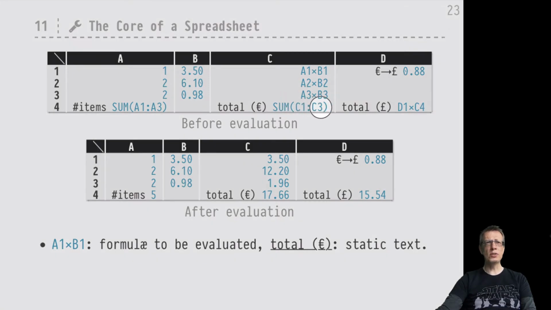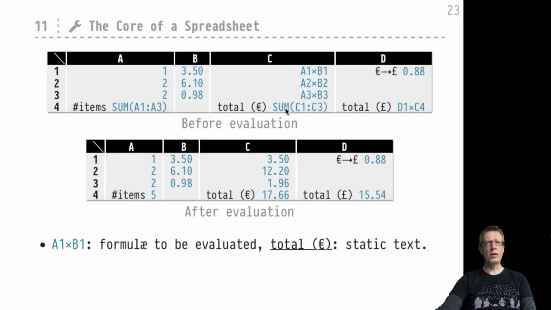It's an aggregate, and I think you can guess the semantics of that. We would just sum up all the values that have been collected here in the C column, and then derive the sum aggregate and place it in cell C4. There's another sum aggregate here, and that would define all the values in the ABC columns.